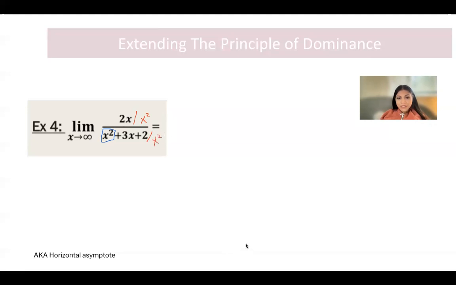In my next step, which will take me a bit to write, and again, feel free to flash forward in the video if you need to, it looks like this. It's going to be 2x over x squared, that's the top, all over x squared plus 3x plus 2, and that's also all over x squared.